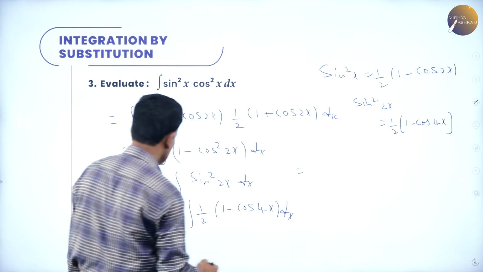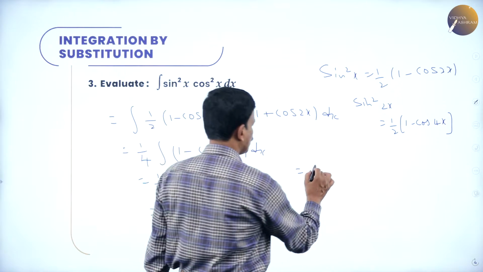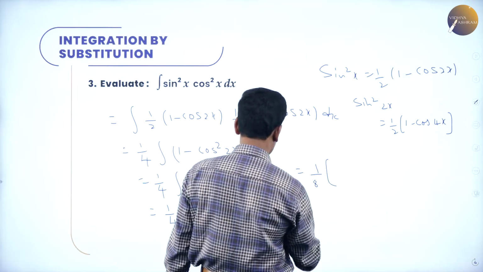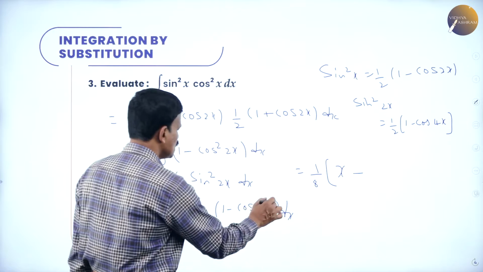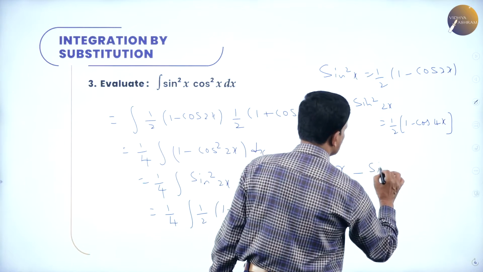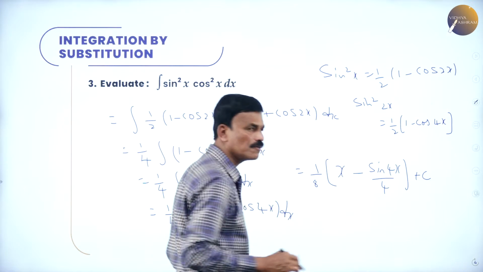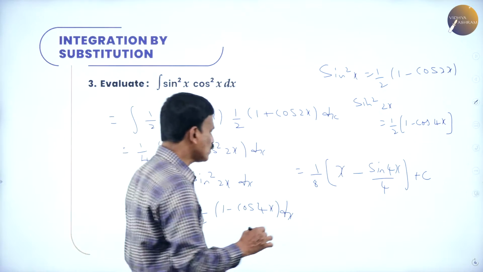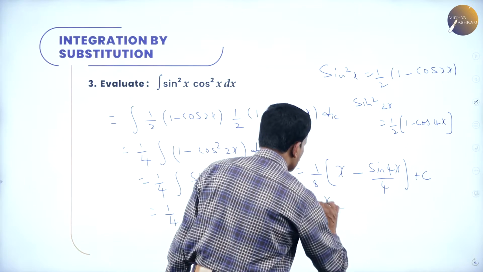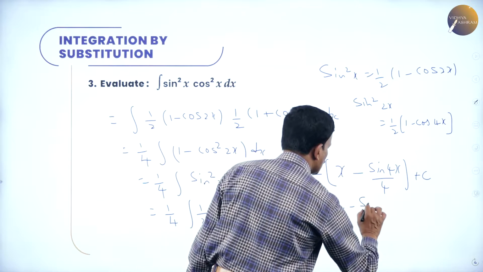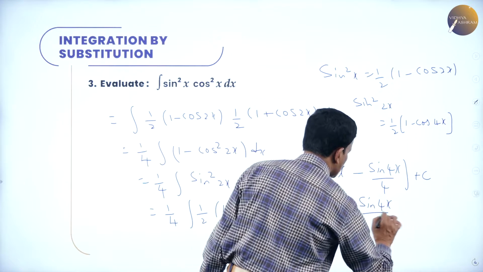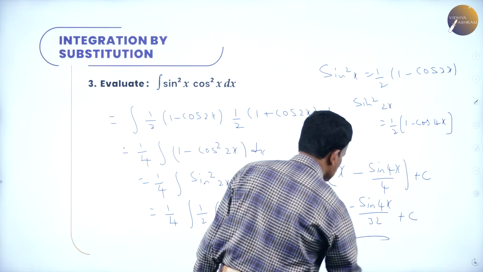Now integrate it. So 1 by 4 into 1 by 2 is 1 over 8 into the integral of dx, which is x, minus the integration of cos 4x, which is sin 4x by 4, plus c is the integrated answer. If you want, you can stop here itself or multiply by 8: x by 8 minus sin 4x divided by 32 plus c is the integrated answer.